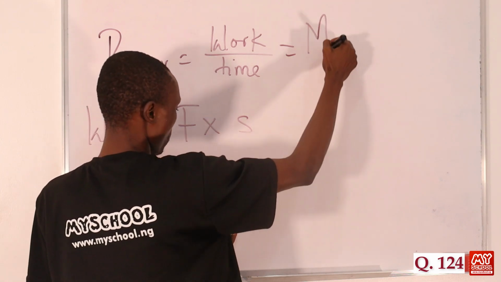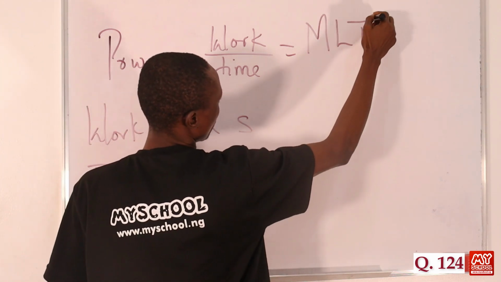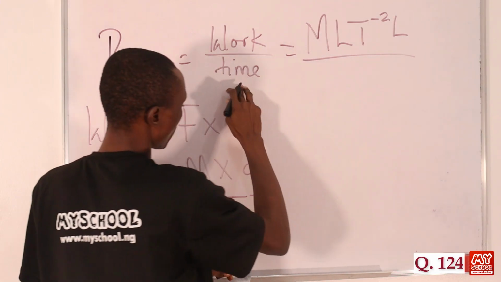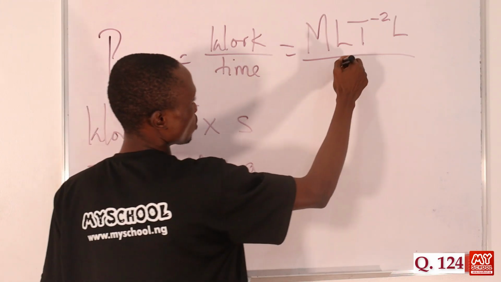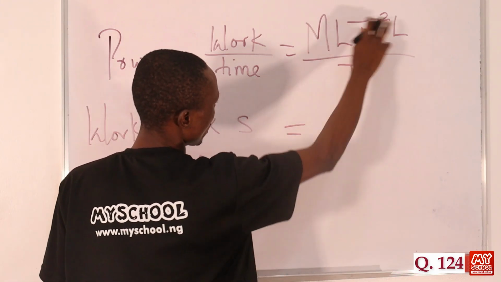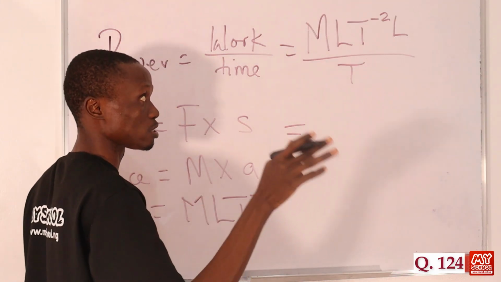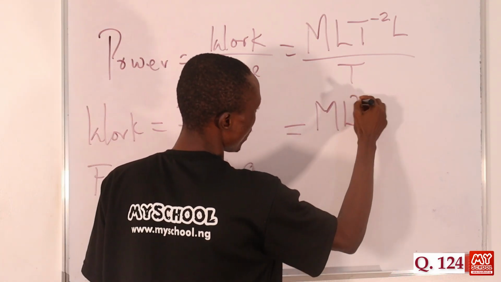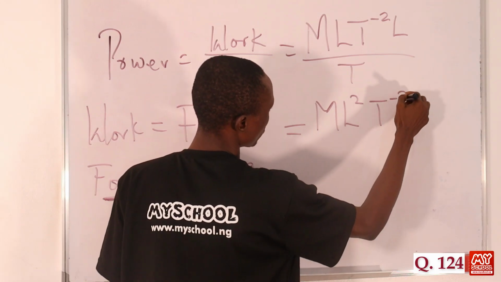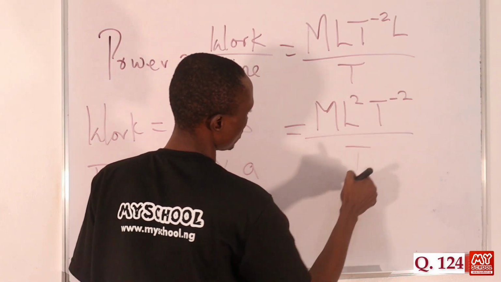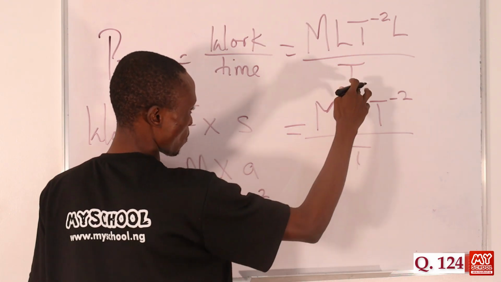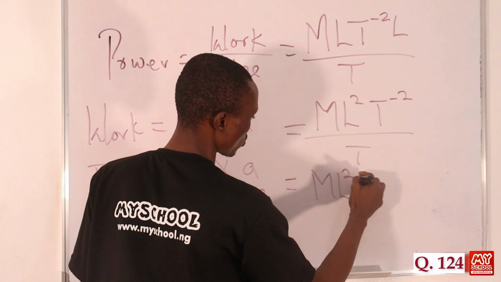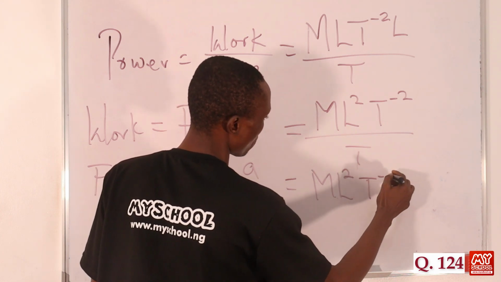You'll be having MLT raised to power minus 2 times L, all over the dimension of time, which is T. First of all, let's put the denominator and the numerator together first, so that we'll be having ML squared, then T raised to power minus 2, then over T. Of course, this T is going to move up according to the law of indices, so that we'll be having ML raised to power 2, then T raised to power minus 3.